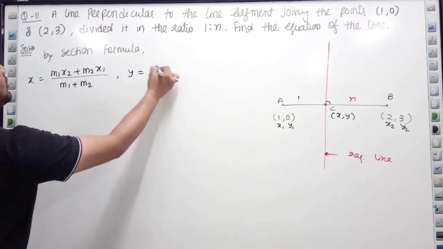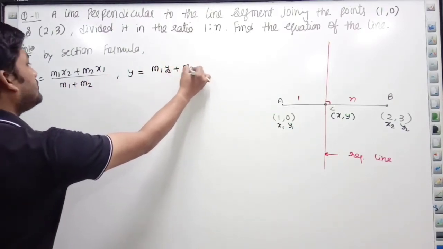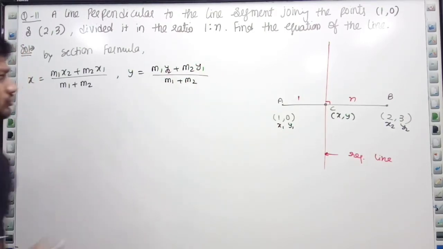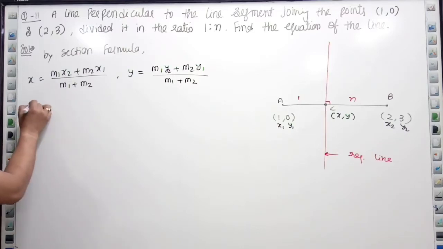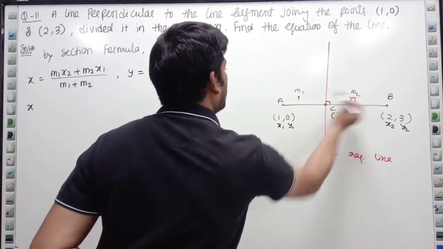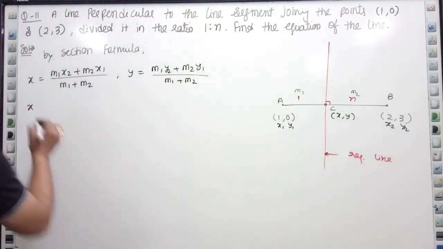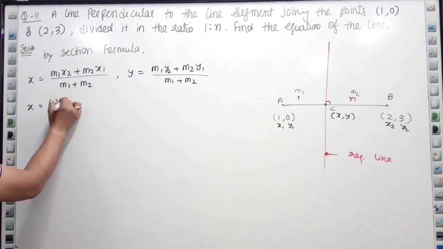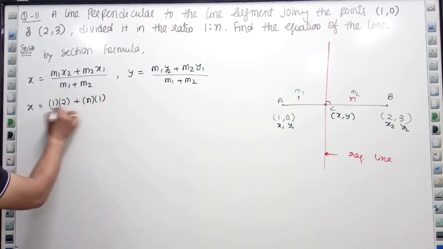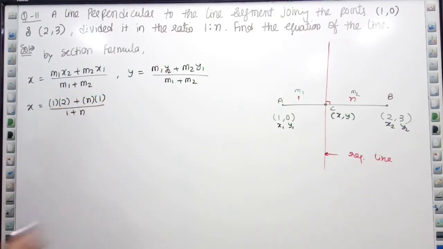Y equals m1 y2 plus m2 y1 upon m1 plus m2. This is m1, this is m2. m1 x2 means m1 is 1, x2 is 2, plus m2 x1, n into 1, upon 1 plus n.